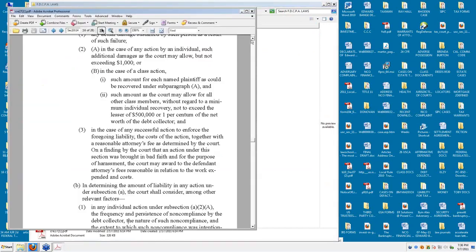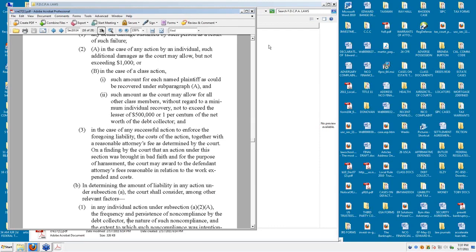What does that say? Any case of any action by an individual, such additional damages as a court may allow, but in the case of a class action, it doesn't say anything there. And there you go. Such amount as the court may allow for all other class members without regard to a minimum individual recovery not to exceed the lesser of $500,000 or 1% of the net worth of the debt collector.